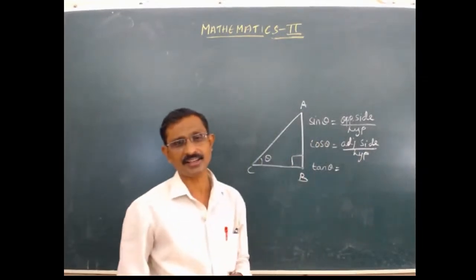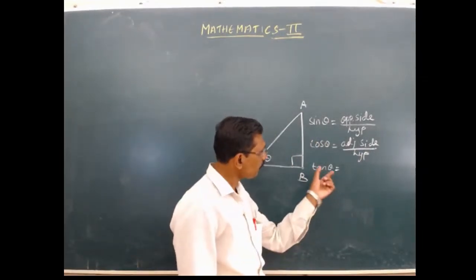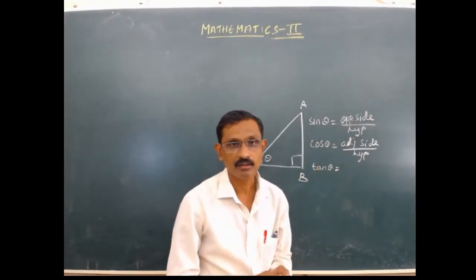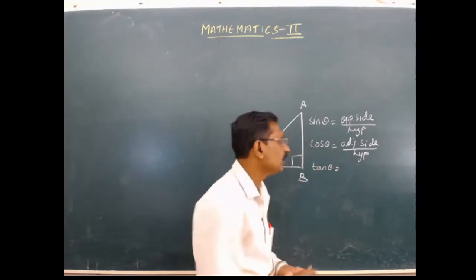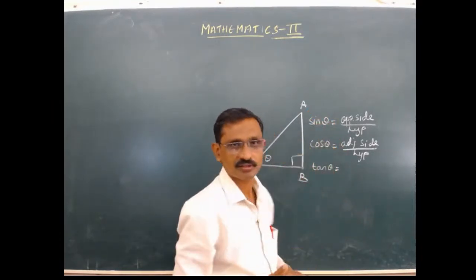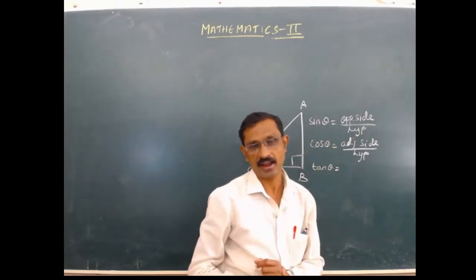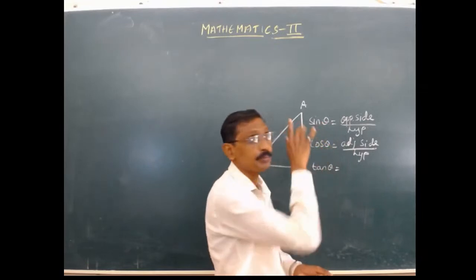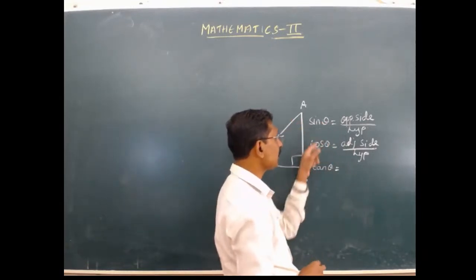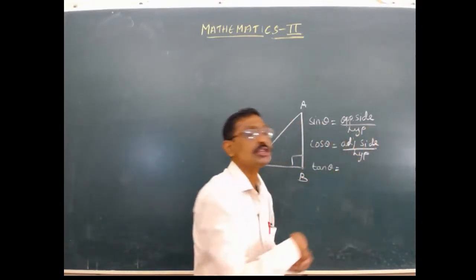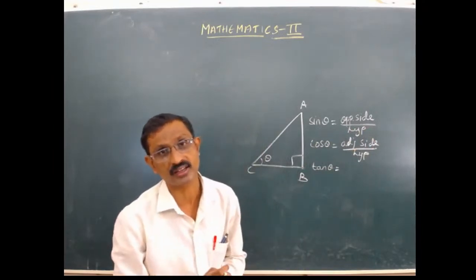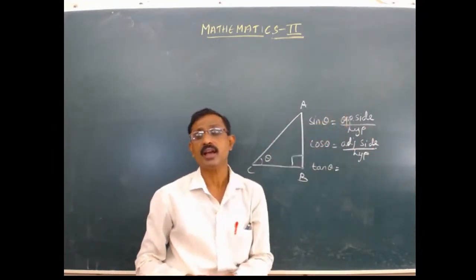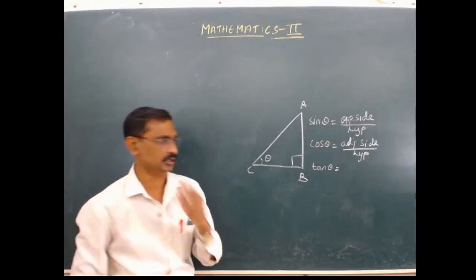Now we have got tan theta. From where did we get this tangent? Sine upon cos gives me the tan. When you take sine upon cos, hypotenuse and hypotenuse both get cancelled with each other.